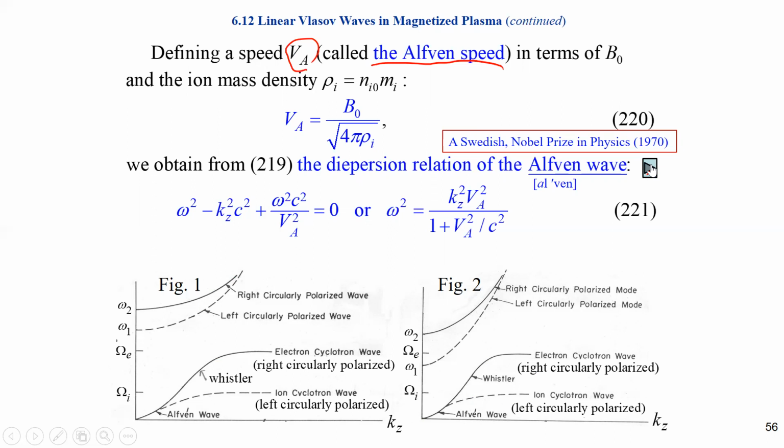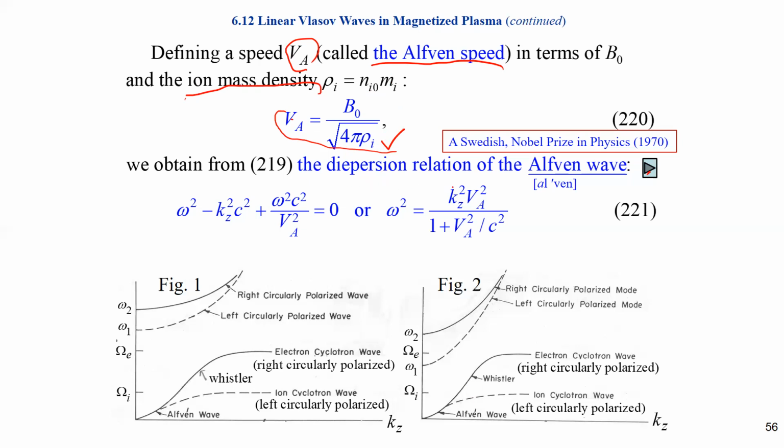He won the Nobel Prize in physics in 1970. Okay, Alfven speed and Alfven wave are related here. We just define the Alfven speed here. Ni0 Mi is defined as rho I. So it's the mass density, the ion mass density.